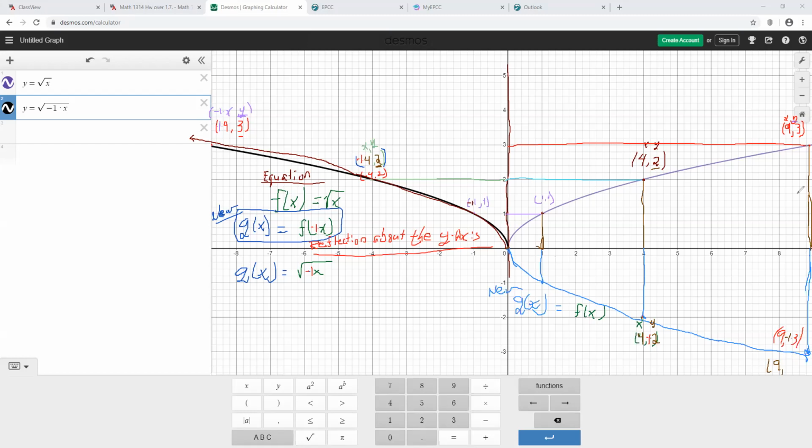So you reflect over the x-axis, and what's going to change? Not the x value, the y value. And what is the change? It is the original y value times -1.